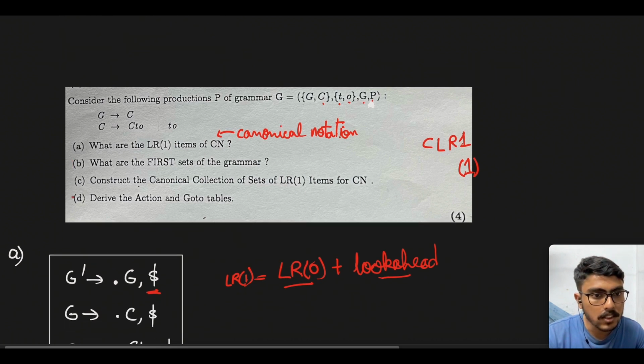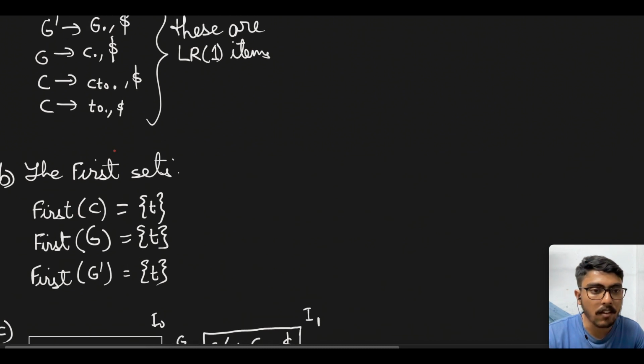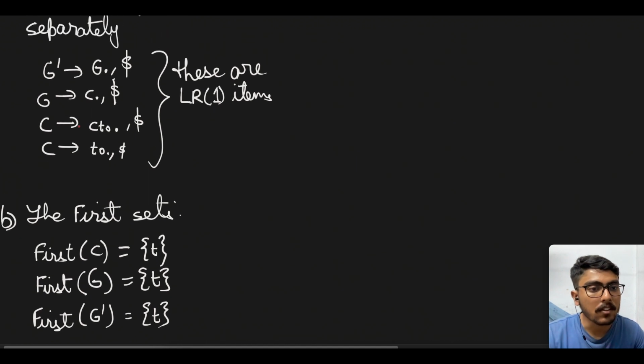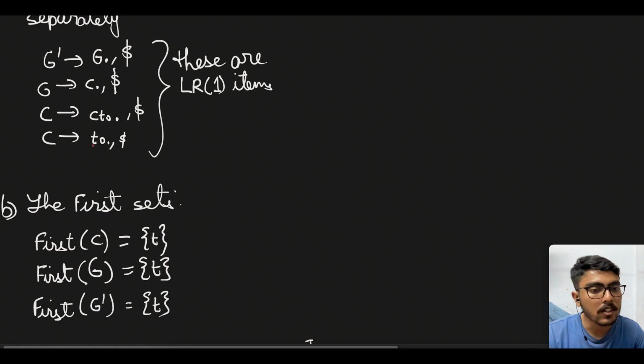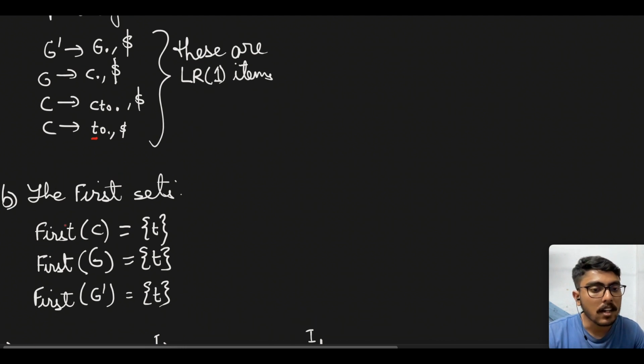So now the next question is, what are the first sets of the grammar? For the first sets, we will find using the basic principles which we have learned in LL1 also. So if we try to find the first of C, first of C is T, because the first terminal is T, right? Then for G we will try to find.